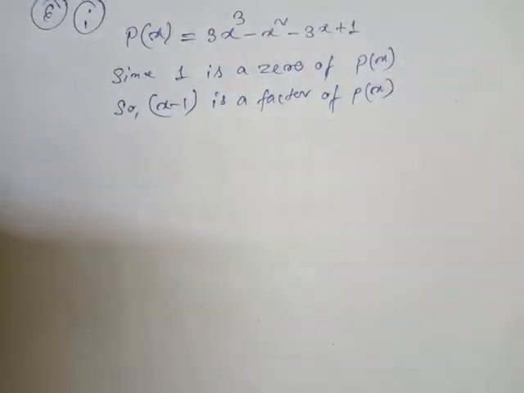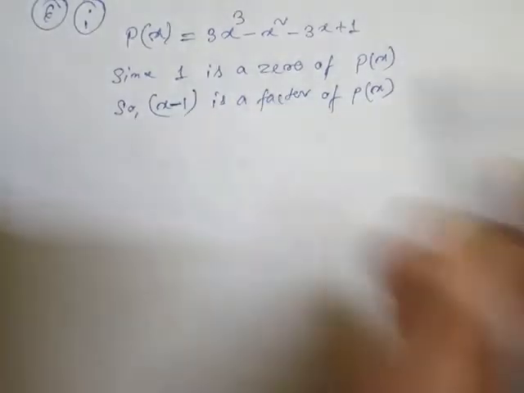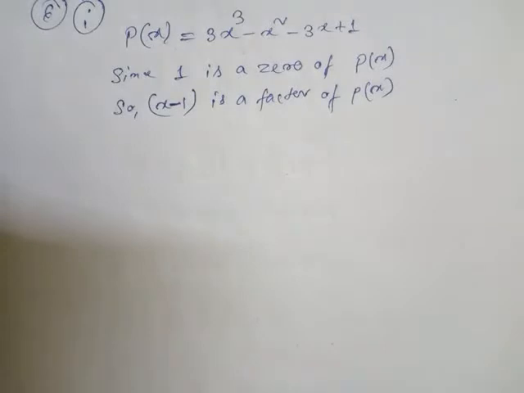Students, maybe you have learned the factor theorem in class 9, and I am just using that factor theorem here. In this line I am using the factor theorem, so this could be easier for solving.